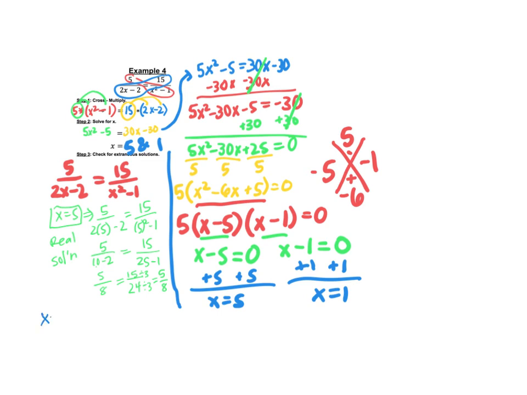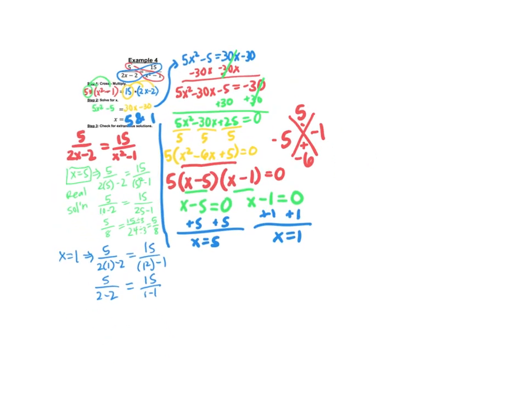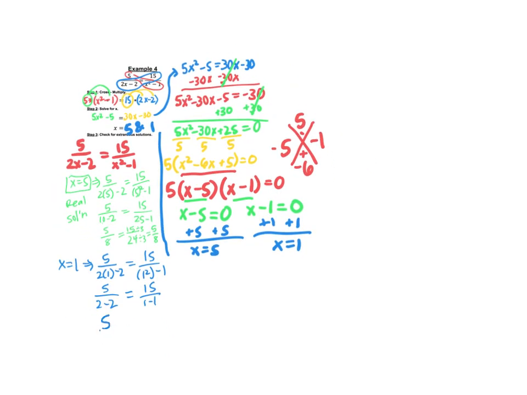equals 1. And when I plug it in, we have 5 over 2 times 1 minus 2 equals 15 over 1 squared minus 1, which is the same as 5 over 2 minus 2, which equals 15 over 1 minus 1. Again, 2 minus 2 is 0, so we had 5 over 0 equals 15 over 0.